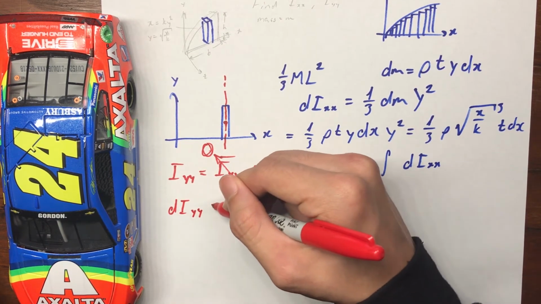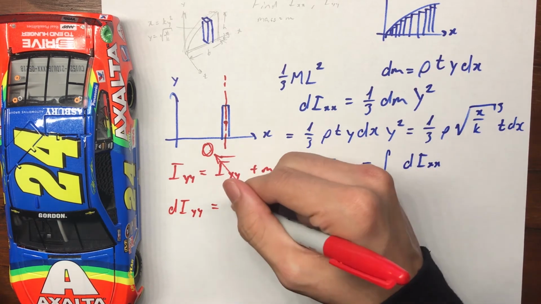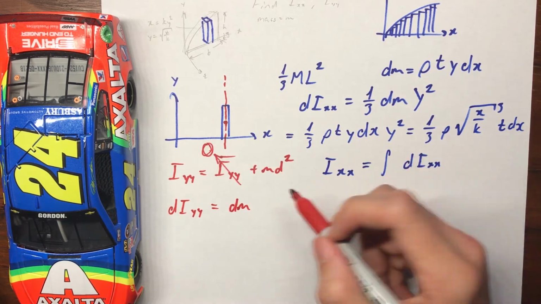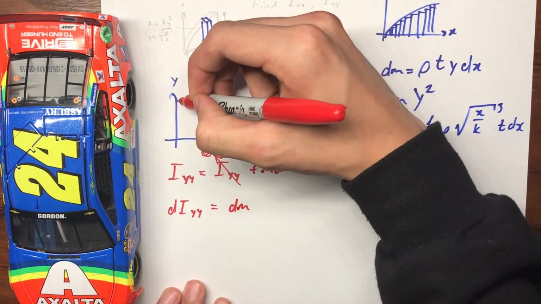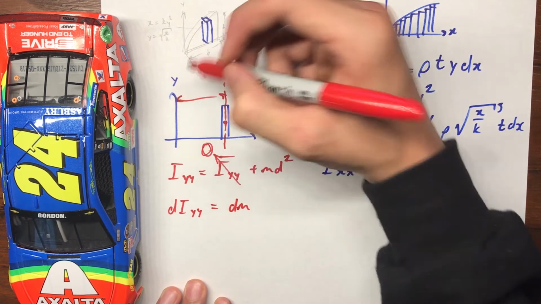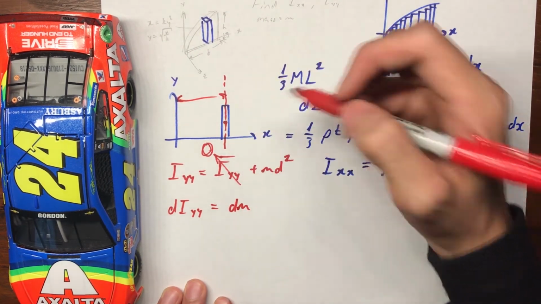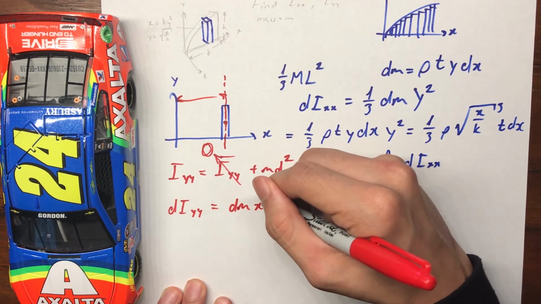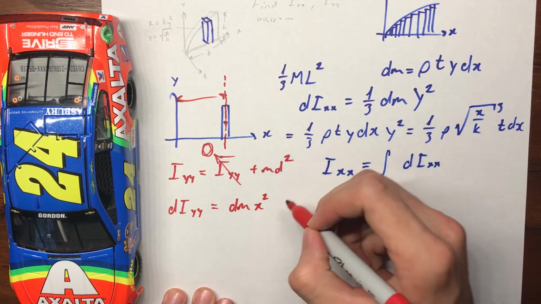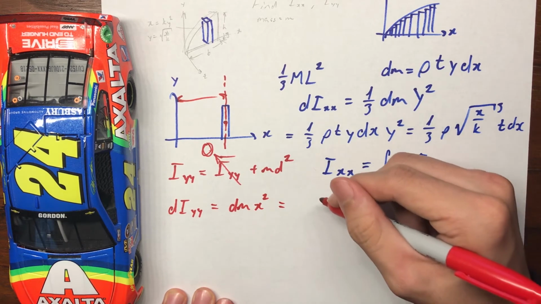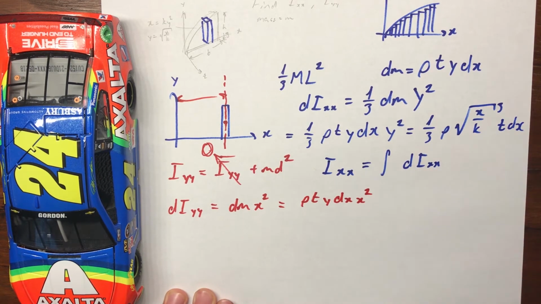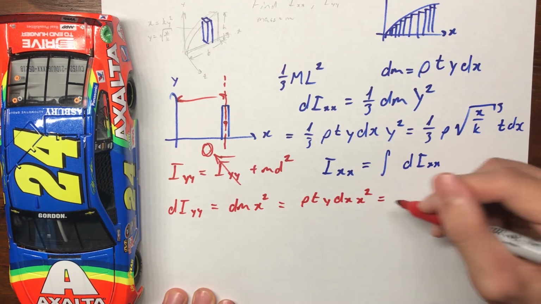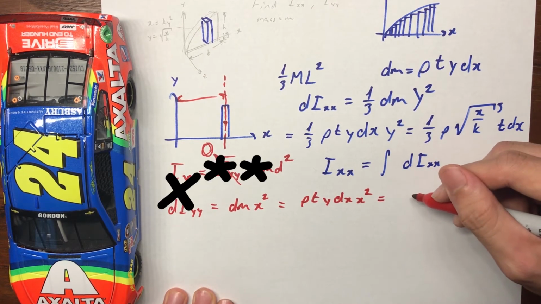So let's find dIyy. The mass, plug in 0 times d squared. What is d? It's the distance between the axes, and that distance in this case is real nice because it's just x, so x squared. And same thing, it's real easy, you plug in for y again. And so you'll still be integrating in terms of y.